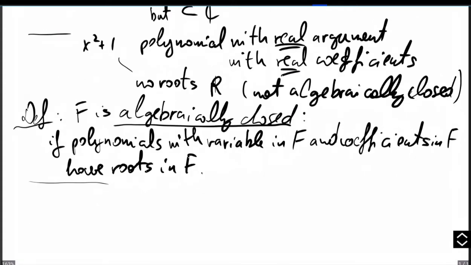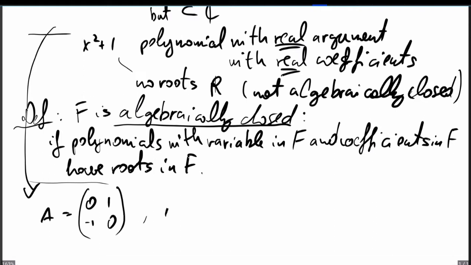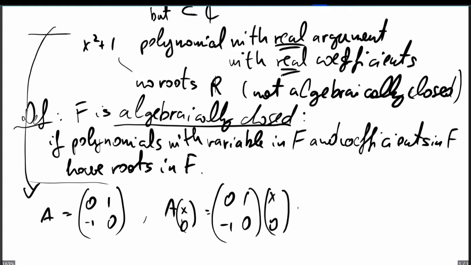Let me also mention this example where we had the matrix (0, 1; -1, 0). If you look at its effect on a vector (x, y), multiplying the xy vector we get (y, -x).